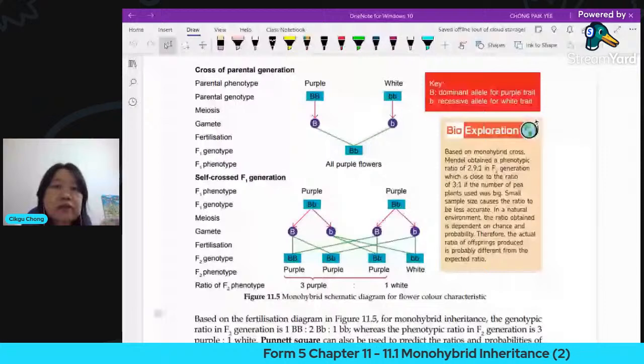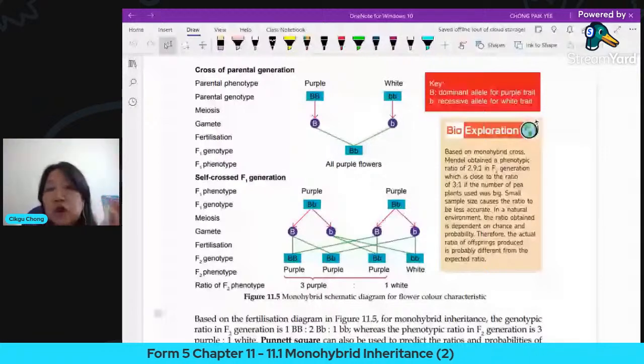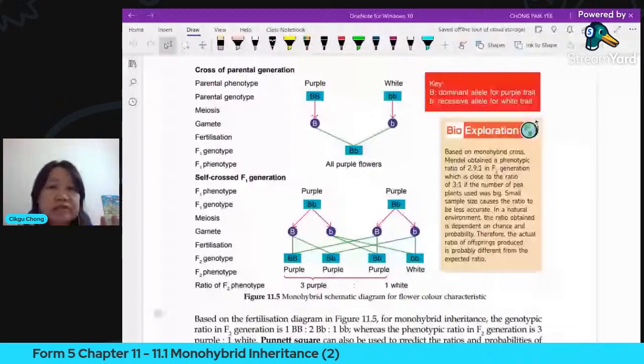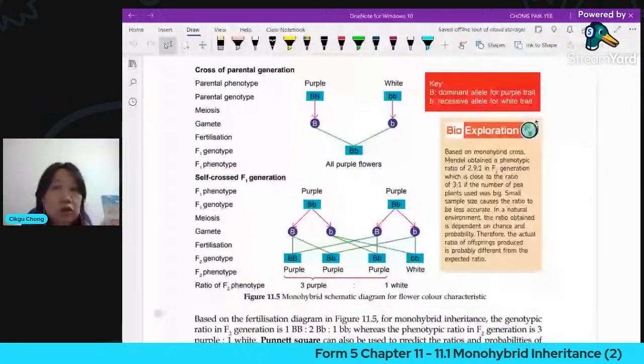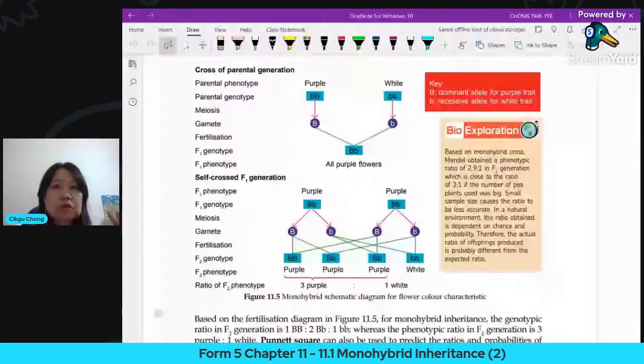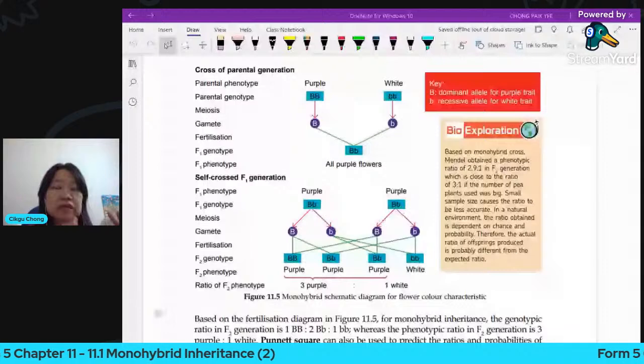It's either tall or short. There's no intermediate, nothing in the middle. There's no intermediate characteristic. That's what we mean. So we use tall and short.